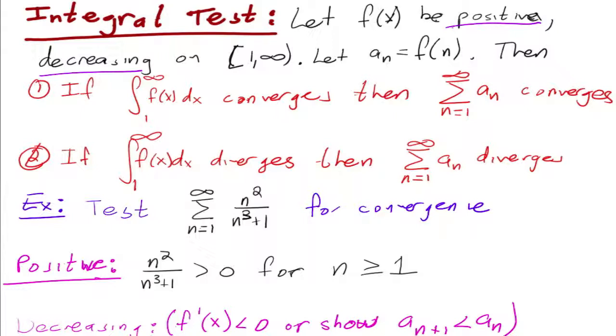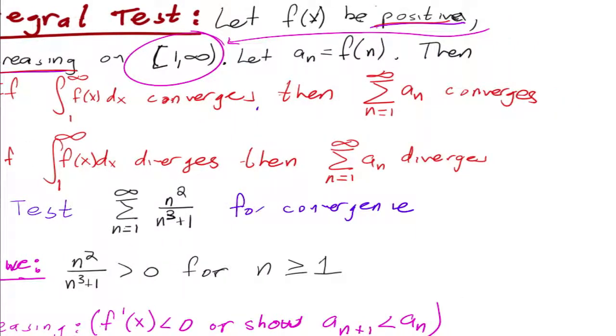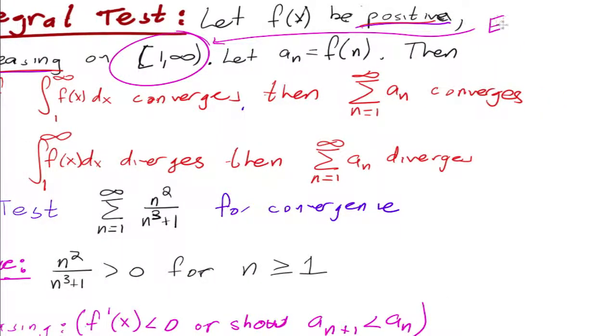This is important to take note of. When we say that it's positive and decreasing on this interval, what we really mean is that it has to be eventually positive and decreasing.